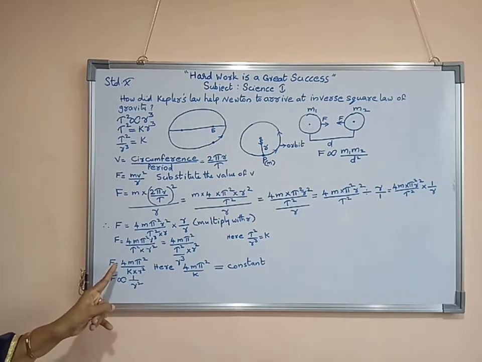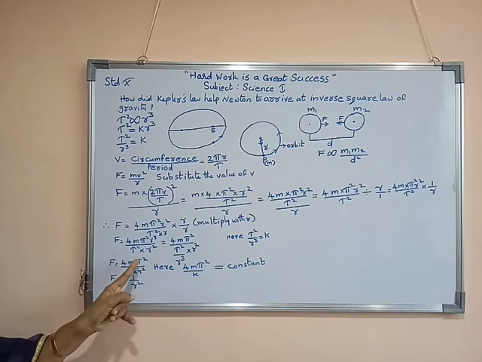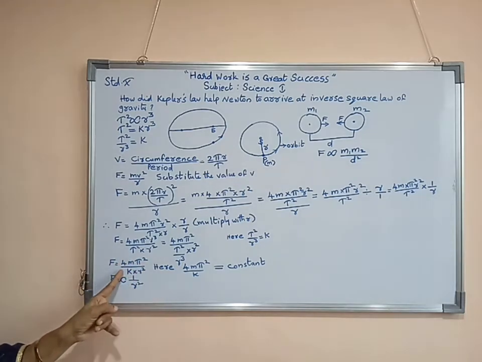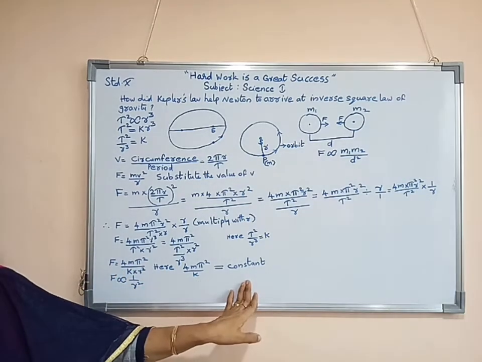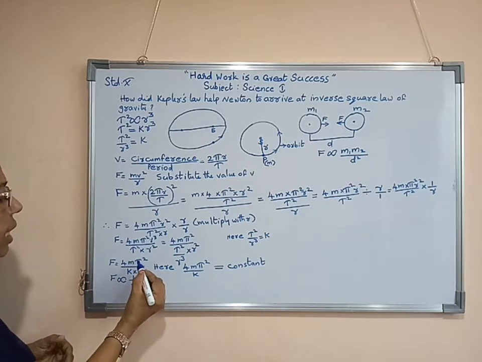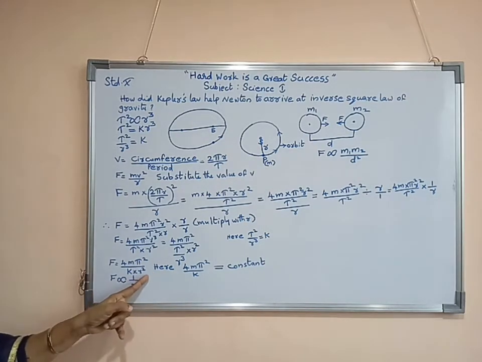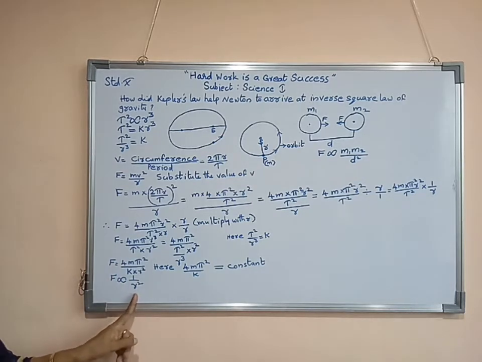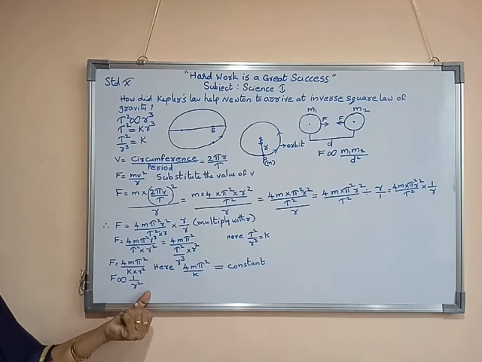See now, F is equal to 4m pi square upon k, that is a constant. After leaving them, upside one value is there, downside only r square is there. Now how can we read this? F is inversely proportional to the square of the distance between them.